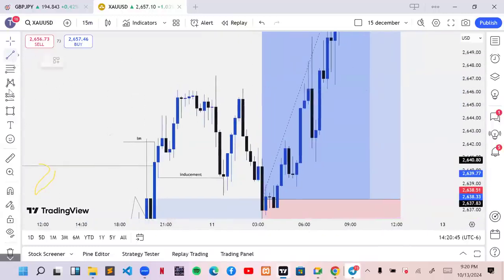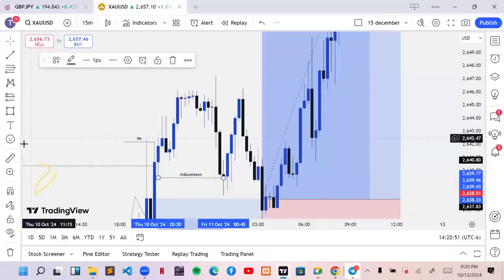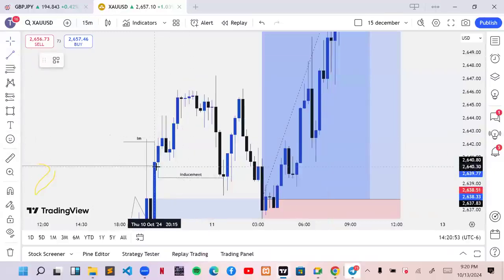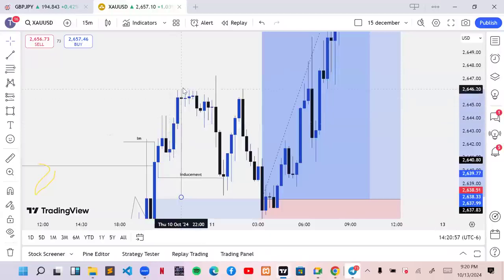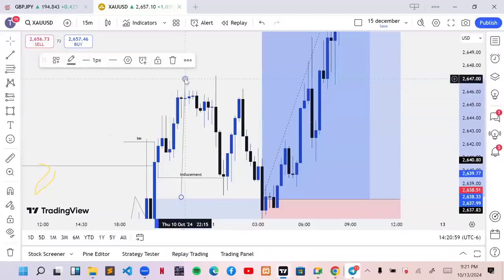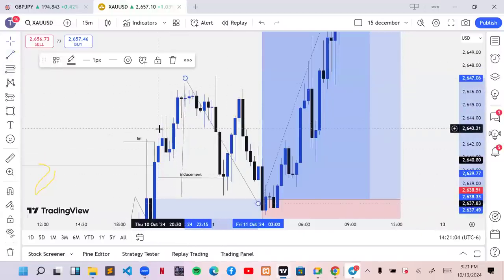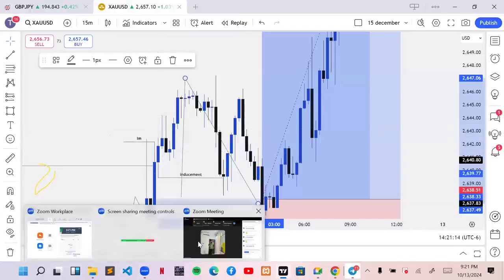What I mean by it not being valid is if this was the last move and this was the week, and they do something like this and just continue going down from here, that is when it's not valid. But this pushed market way above this particular level before eventually coming down to trigger the point of interest. So it's valid. Okay, it makes more sense now.